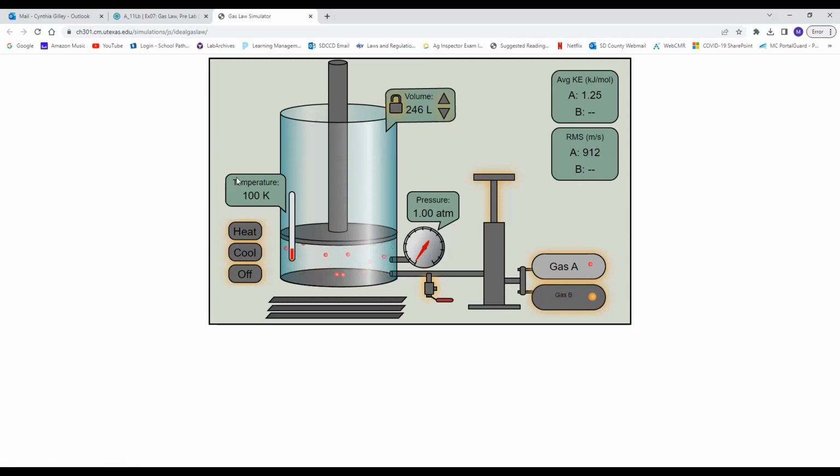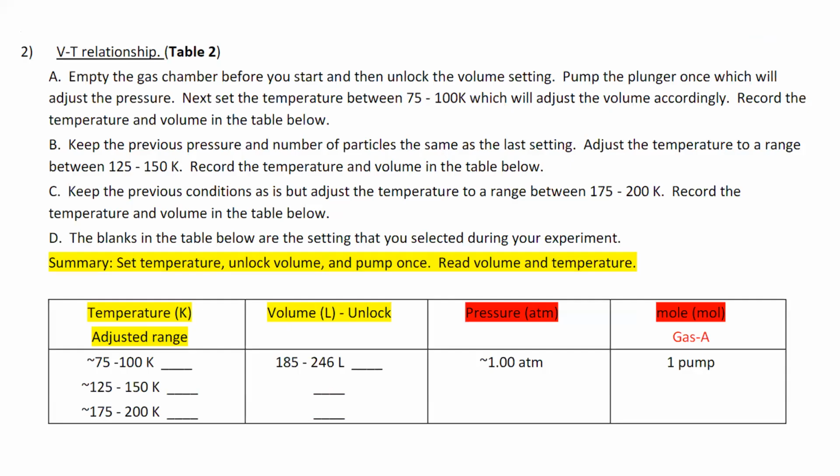Lastly, adjust to between 175 and 200 Kelvin and then read the volume. So again, we just want to fill out the table, write down whatever temperature you used in this range, and then what the volume was.